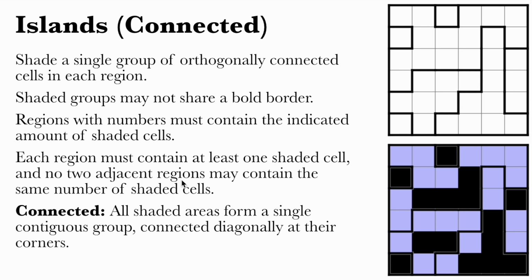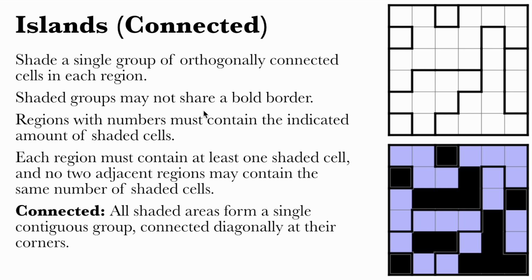And no two adjacent regions may contain the same number means that once we know that this region, for example, has 4 shaded cells in it, we'll know that this region does not have 4 shaded cells in it. This is a restriction on the regions being adjacent, not the shapes, unlike something like ellipse, because the shapes themselves can't be adjacent at all.